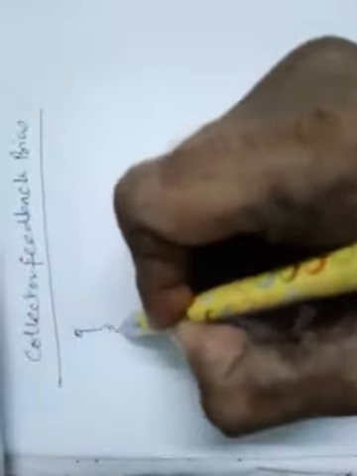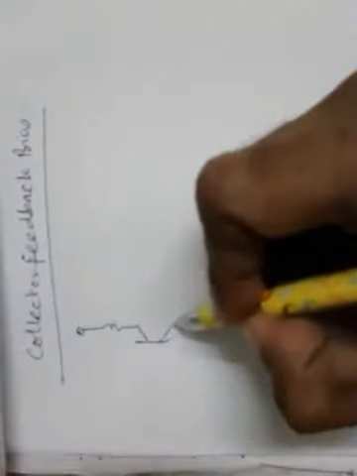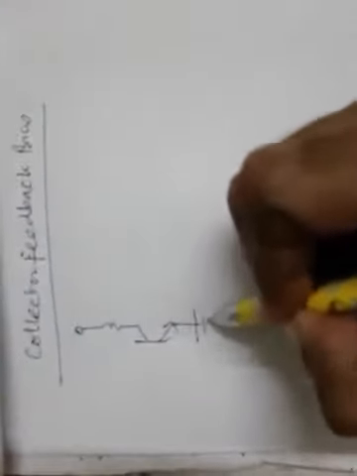The next biasing technique is collector feedback bias. This is also just a concept you require, not much detail is required by you. The figure is giving you the collector feedback bias circuit.